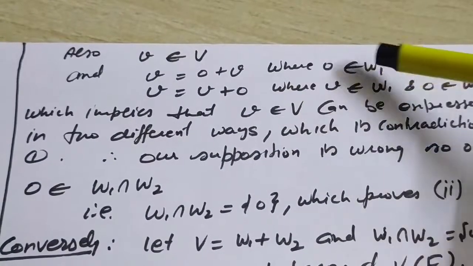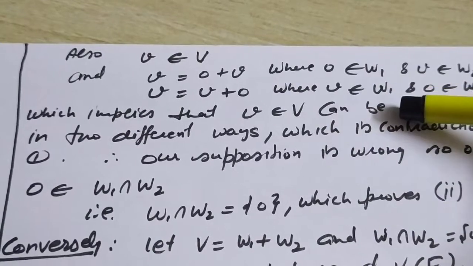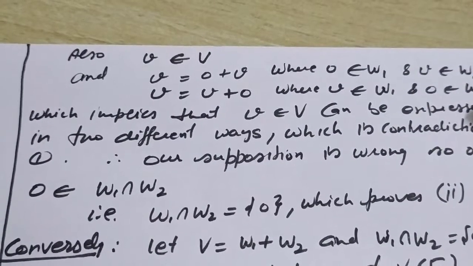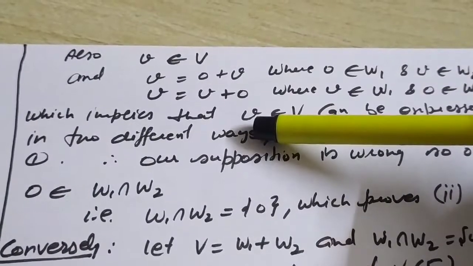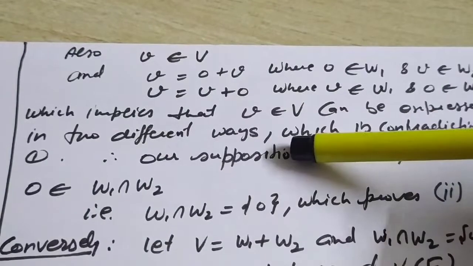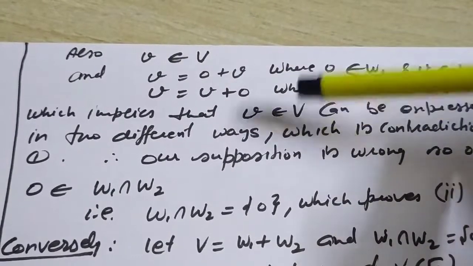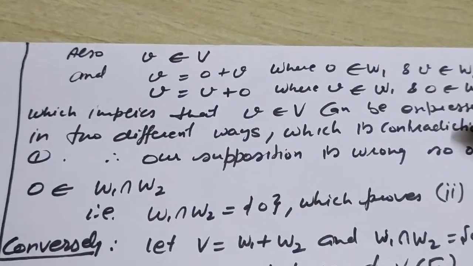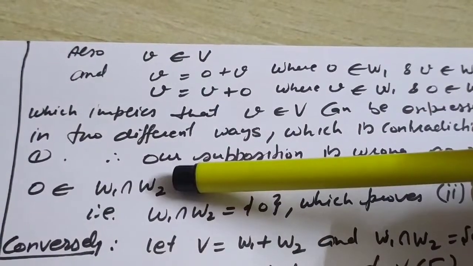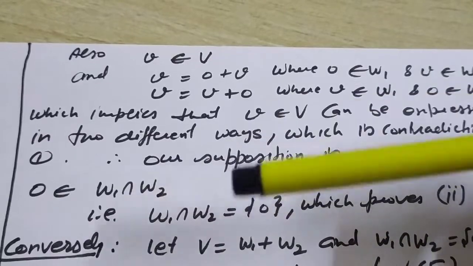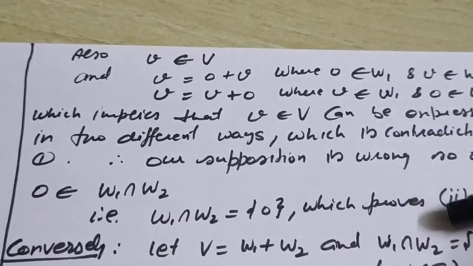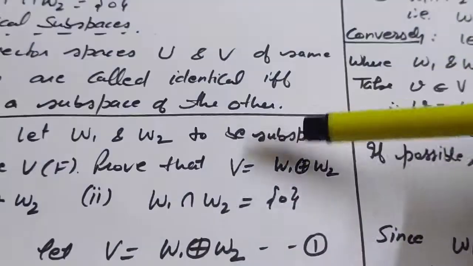Here v belongs to W2 and 0 also belongs to W2, which implies that v can be expressed in two different ways, which is a contradiction. Therefore our supposition is wrong. So W1 intersection W2 is the zero space, which proves the second condition.